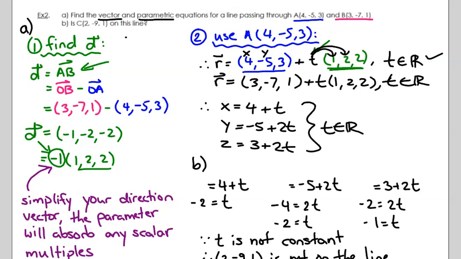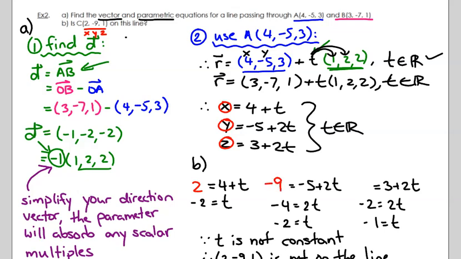So that is the parametric, which is the best form that I can use in order to see if a coordinate lies on that line. And so I'm going to use my x, y, and z and sub it into my x, y, and z in order to see if my t's are consistent. Okay, so 2 equals 4 plus t, I apologize.